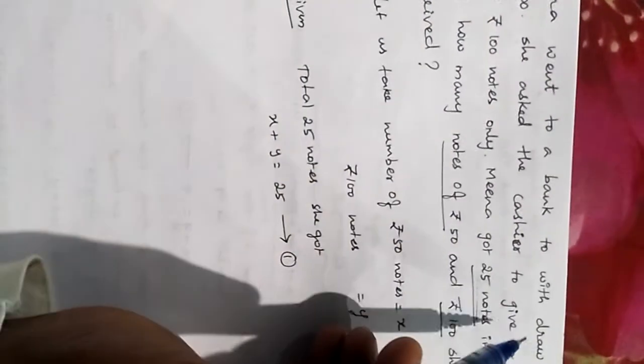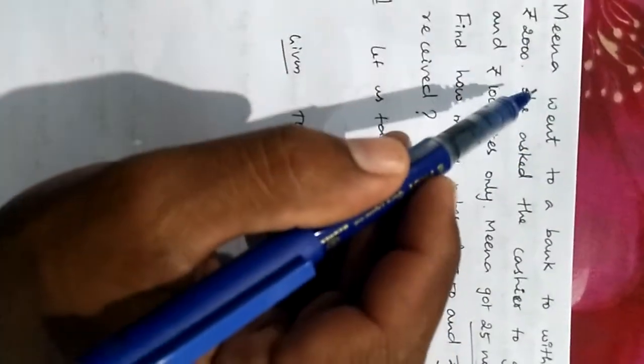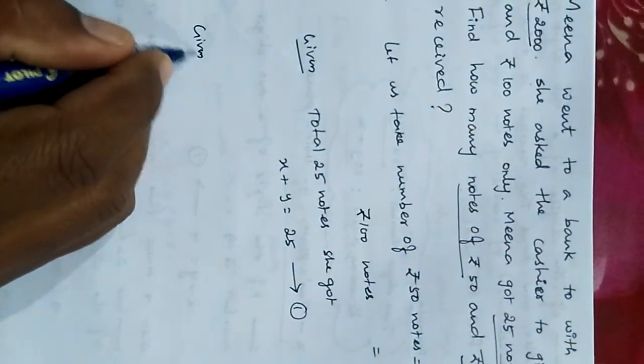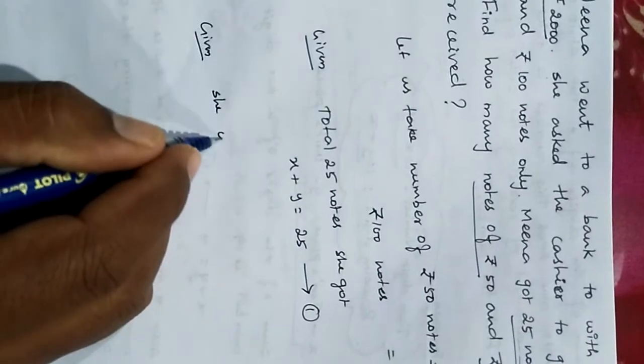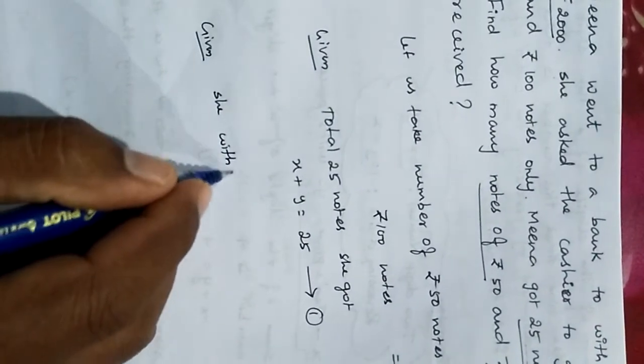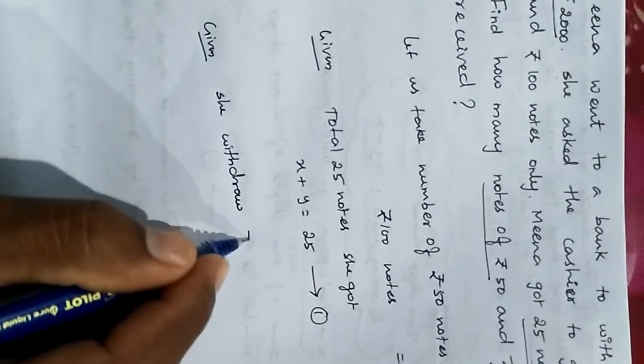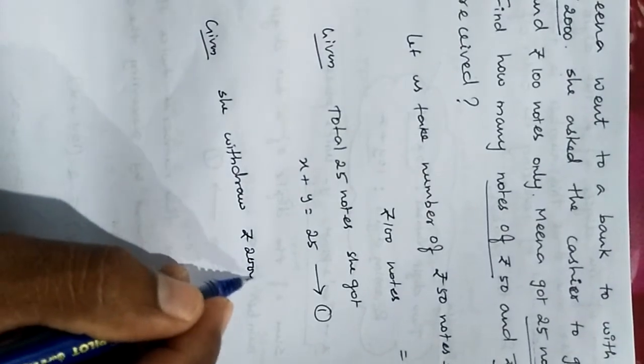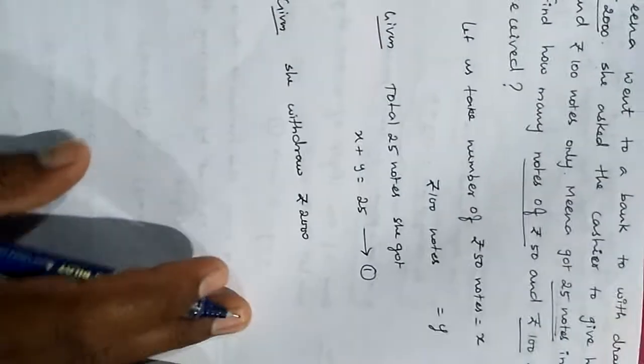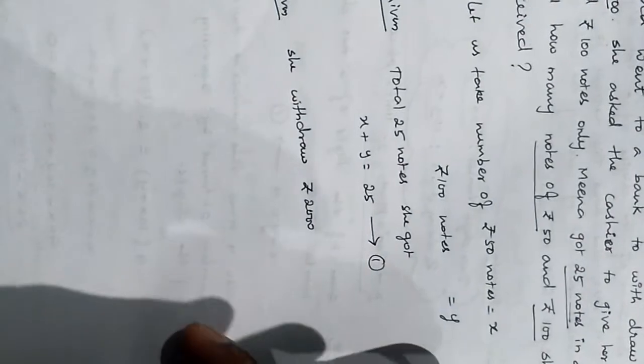Now let's go to the first statement again here. Meena went to a bank to withdraw money, rupees 2000. This is also given. How many rupees did she withdraw? 2000. So 2000 means only what notes are there?